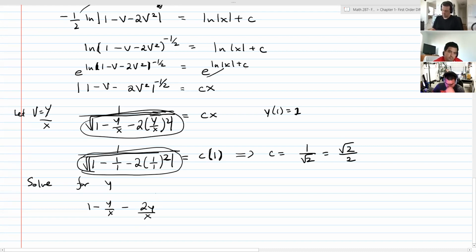Okay, wait, that's not right. It's 2y squared over x squared, pardon me, because they're squared. And we'll find a common denominator being x squared. So this is going to be x squared minus xy minus 2y squared over x squared.